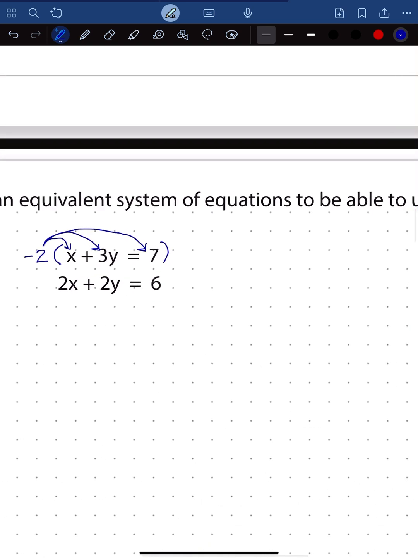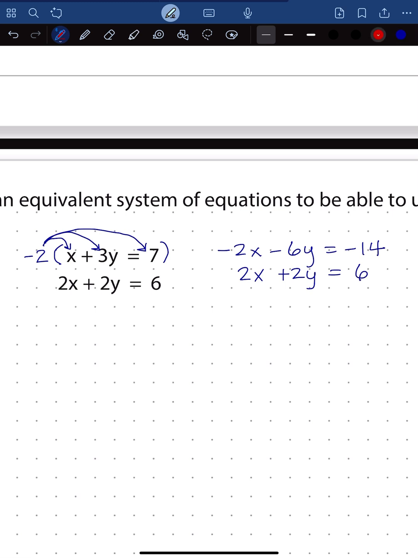So my new equivalent system of equations will become negative 2x minus 6y is equal to negative 14. My second equation remains the same. I did not have to multiply that by anything, so I'm going to write it as 2x plus 2y is equal to 6.